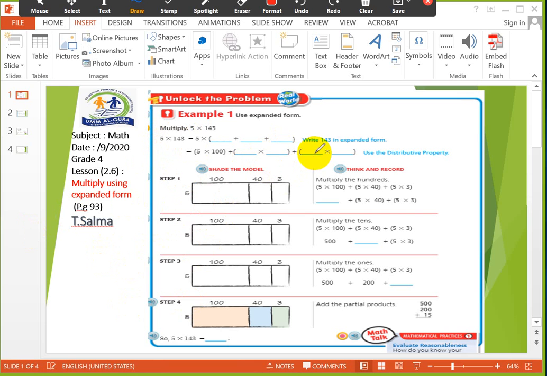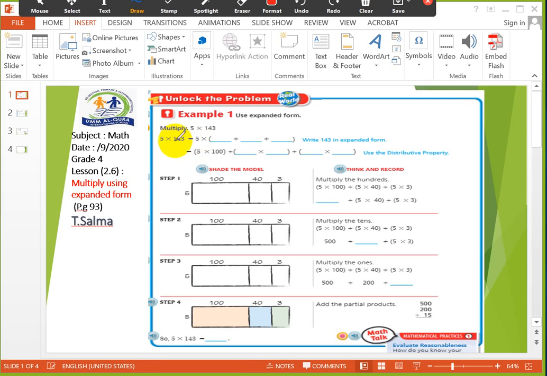And you remember we learned how to write any number in expanded form. Like this number, 143. If I want to write it in expanded form, I have to write each digit by its value, according to its position. If the number is in the ones digit, the value of this number will be the same number.